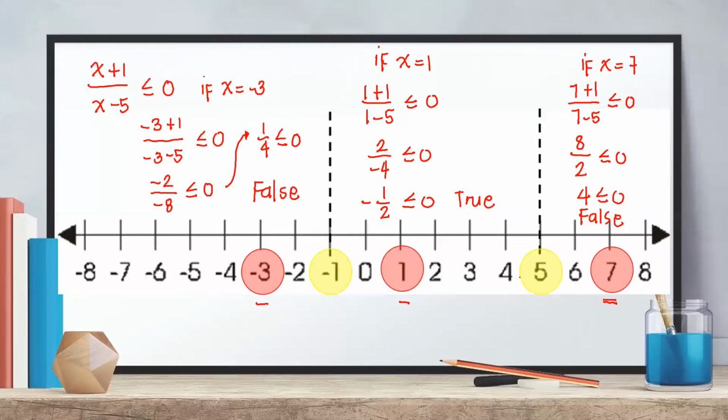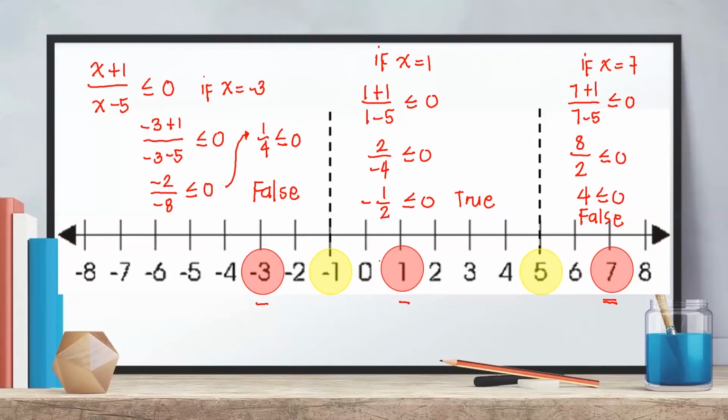From here, we can now say that the solution are the numbers from negative 1 to positive 5. Therefore, our rational inequality is being satisfied by the values on the second interval.